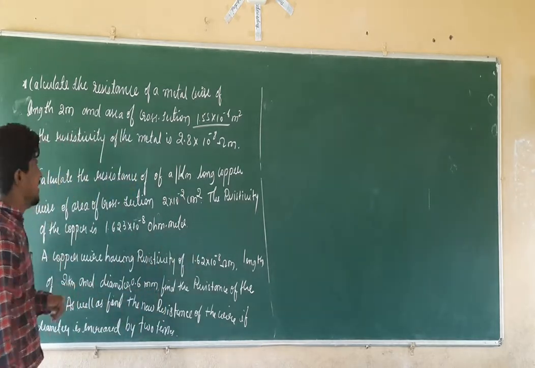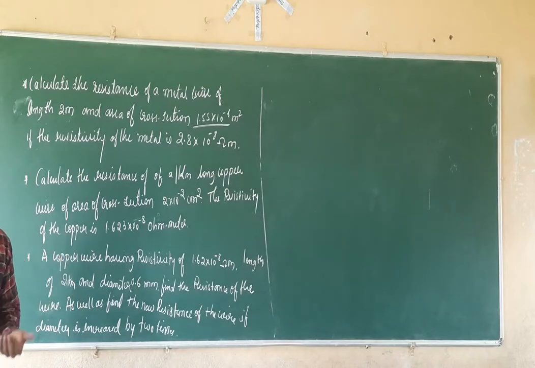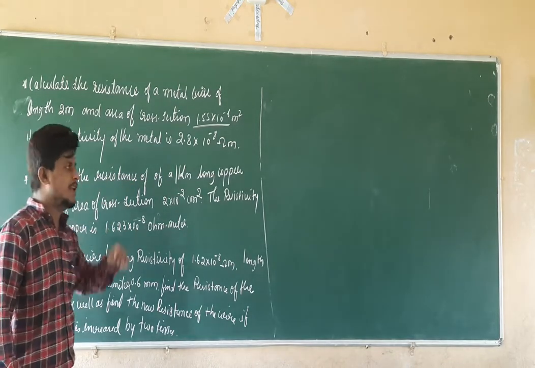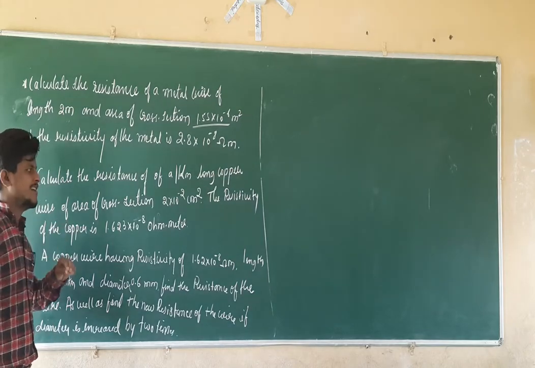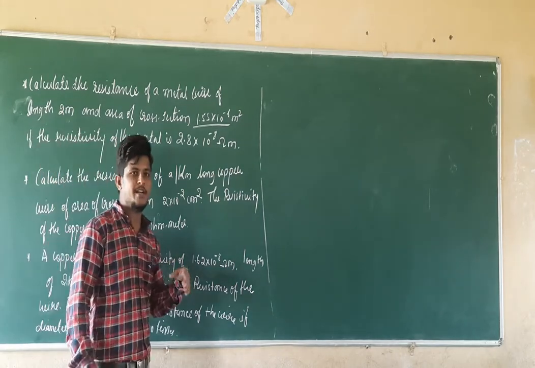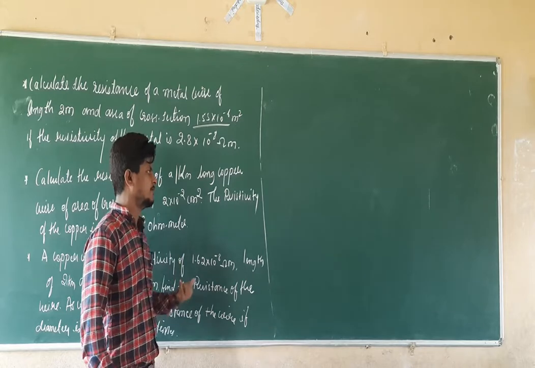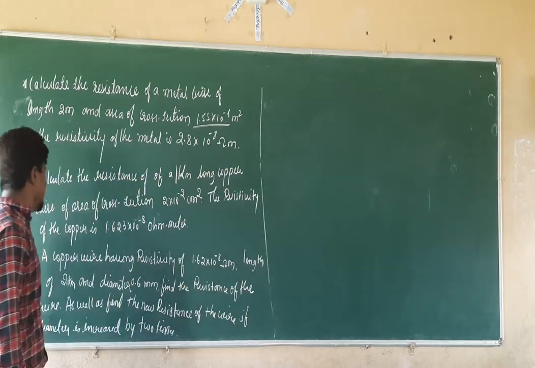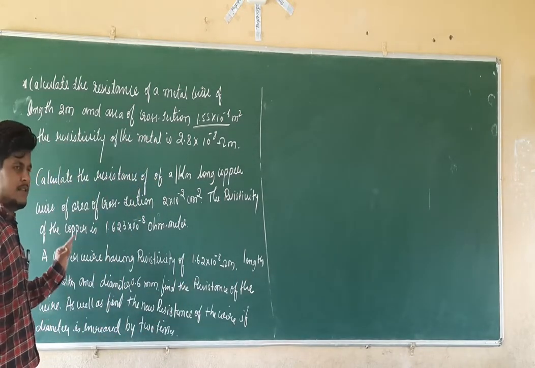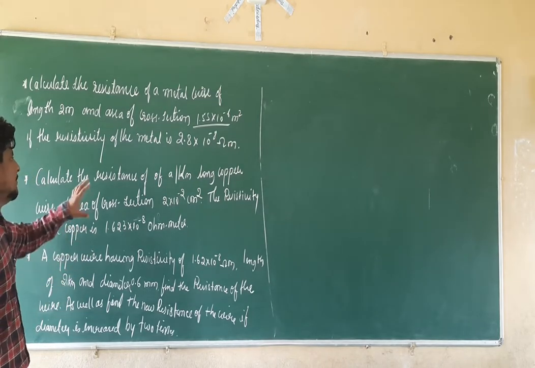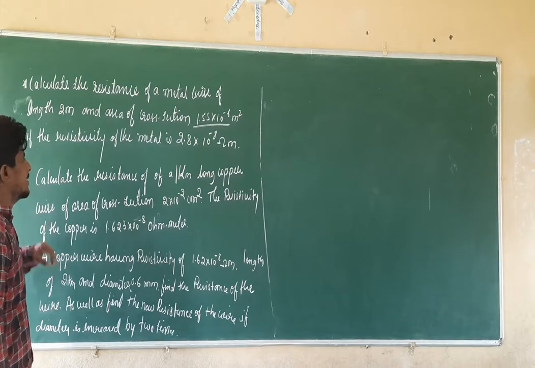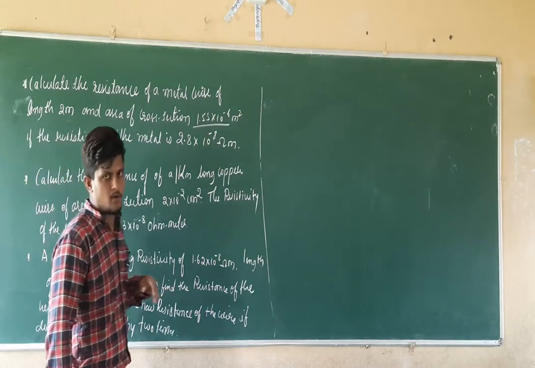So we have to calculate the resistance of a copper wire which has the length of 1 kilometer, and the area of cross section of the copper wire is 2 into 10 raised to minus 2 centimeter square. The resistivity of the copper wire is given as 1.623 into 10 raised to minus 8 ohm meters. So by using this data, we have to calculate the resistance of the copper wire.